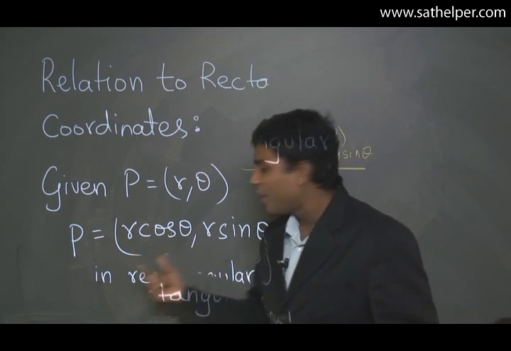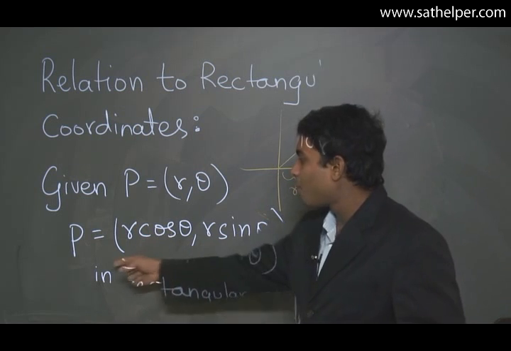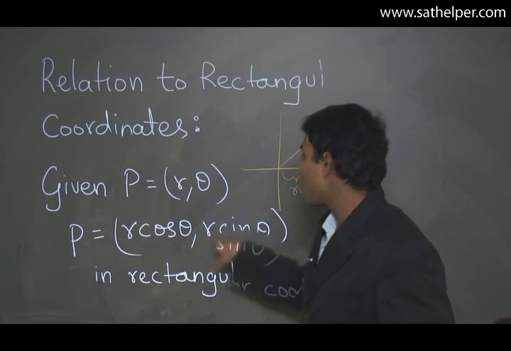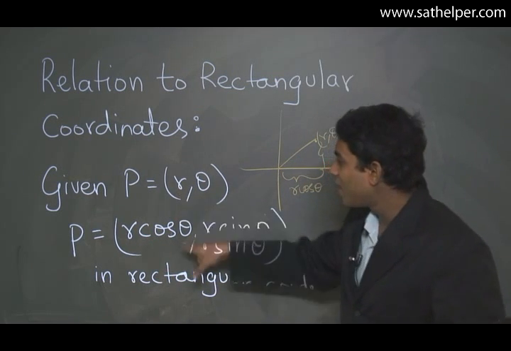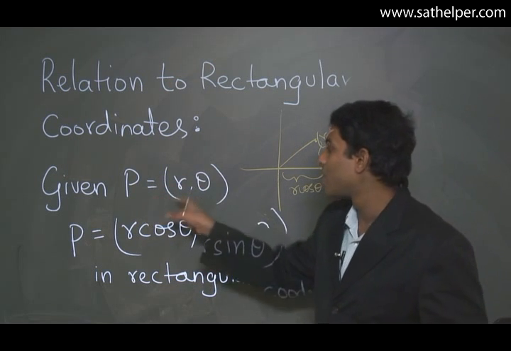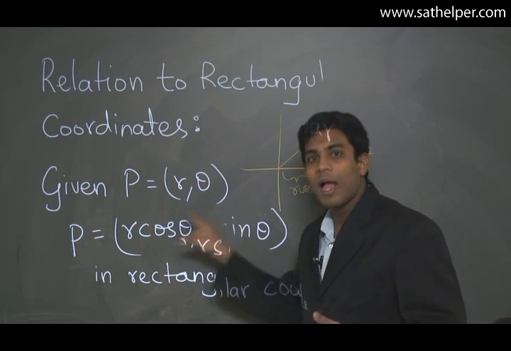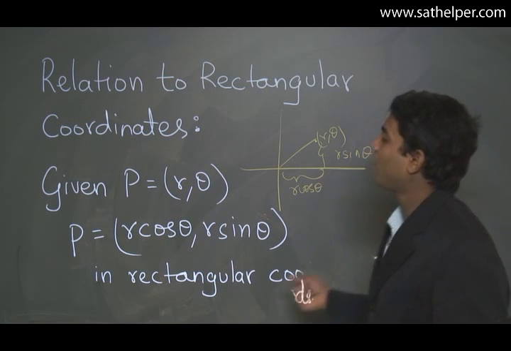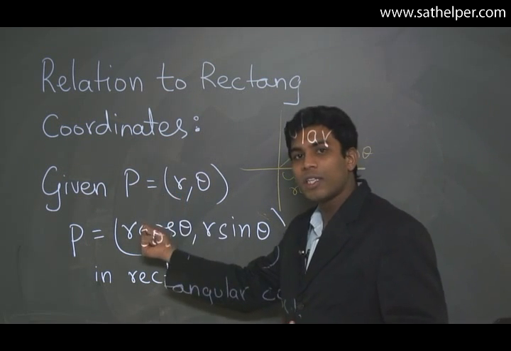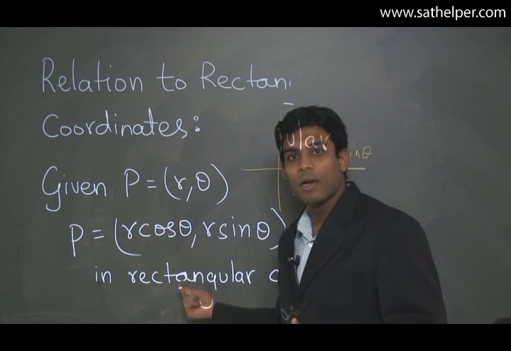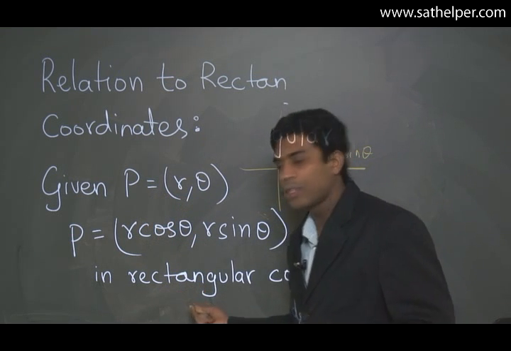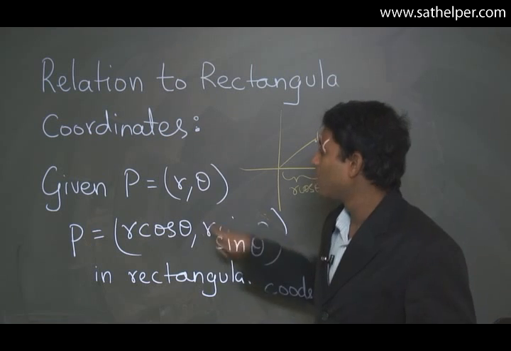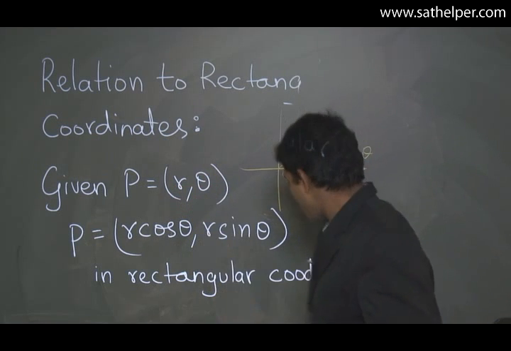Therefore, in rectangular coordinates, the coordinates of the point P are nothing but r cos theta and r sine theta. Therefore, we see a direct relationship between a point in polar coordinates and a point in rectangular coordinates. In particular, if you are given a point in polar coordinates, you can get the rectangular coordinates, and if you are given this point, then you can get it back. And how do you do that? We'll see now.